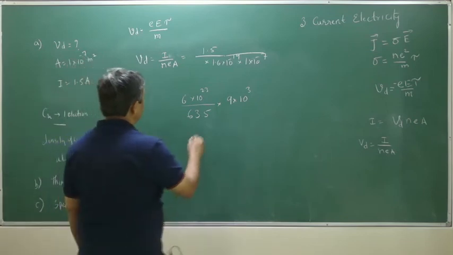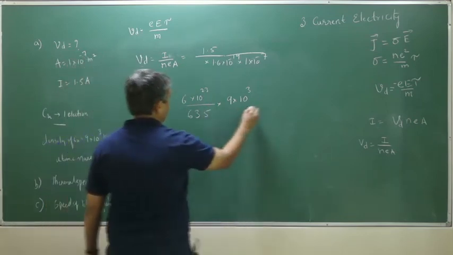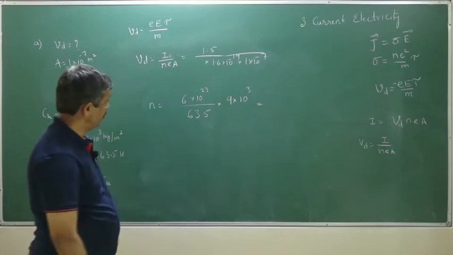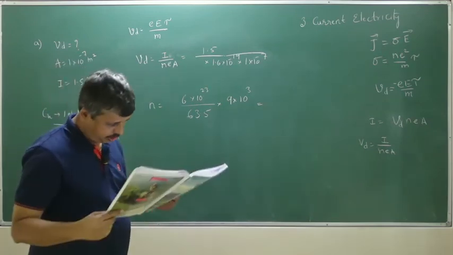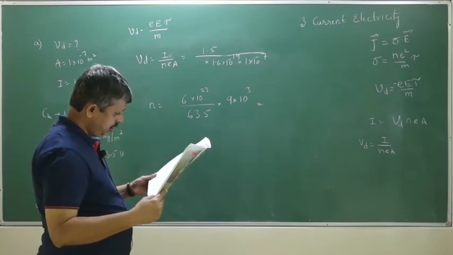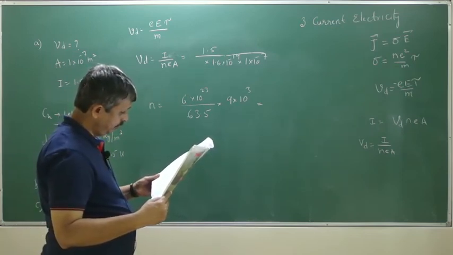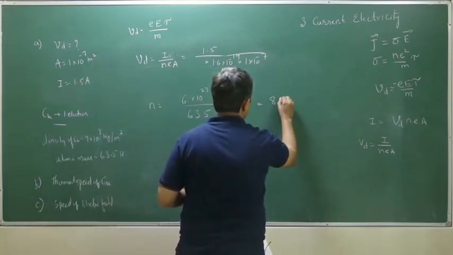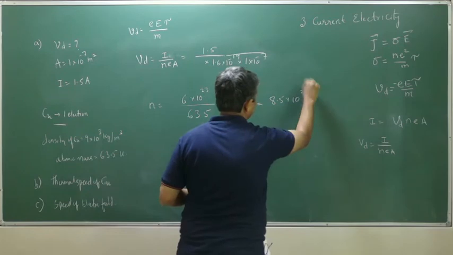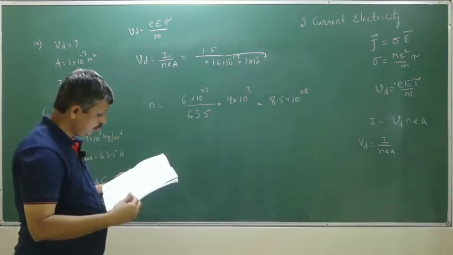So this is equal to n. It comes to 8.5 into 10 power 28 per meter cube.